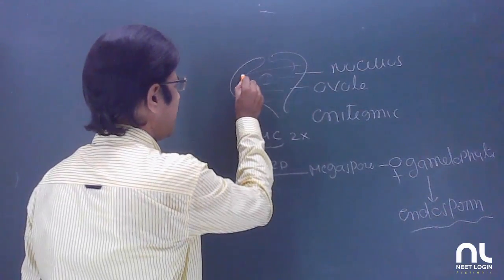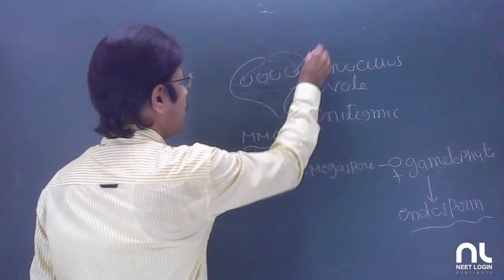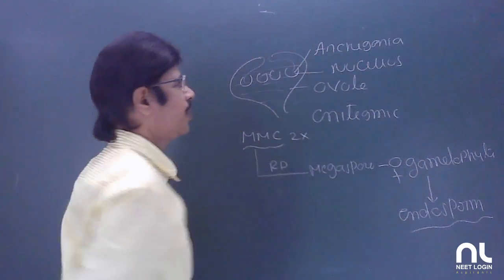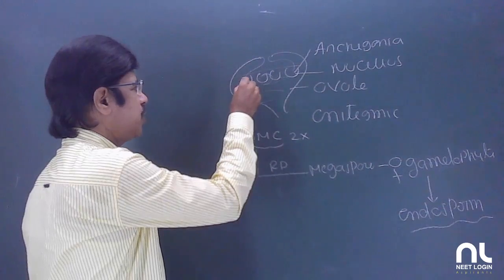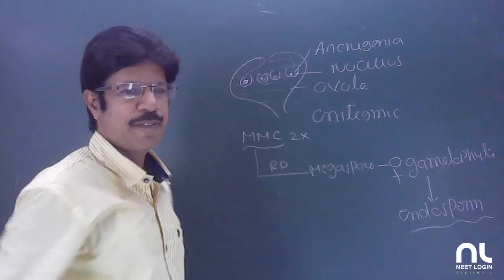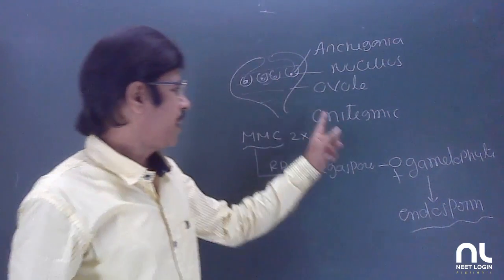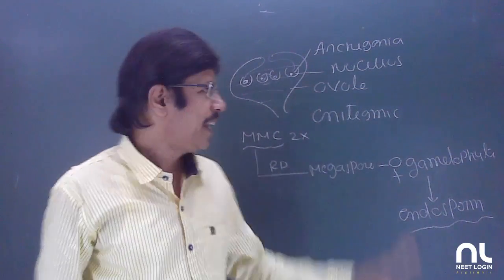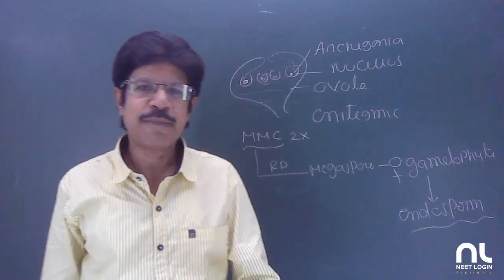So, in this female gametophyte, 2 to many archegonia are formed, and each archegonium is going to bear the egg cell. The female gametophyte is haploid and multicellular. Many cells are present.